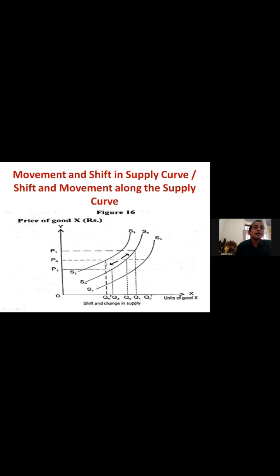This is basically known as the contraction of the supply curve. As supply is getting reduced, it is known as the contraction of the supply curve.